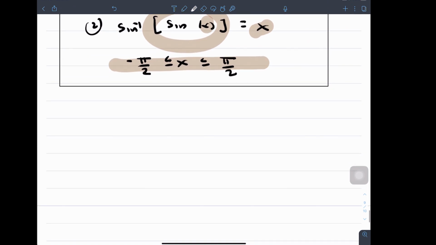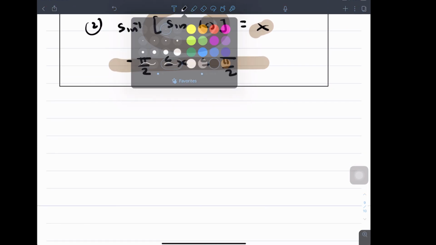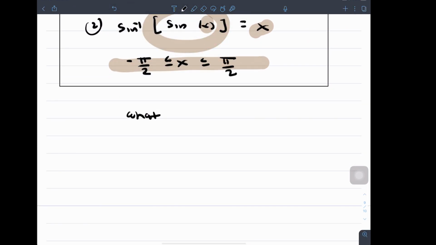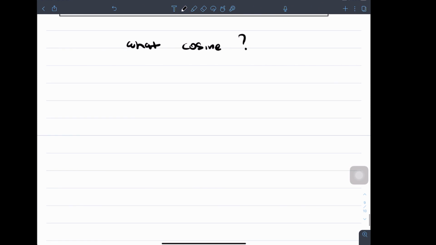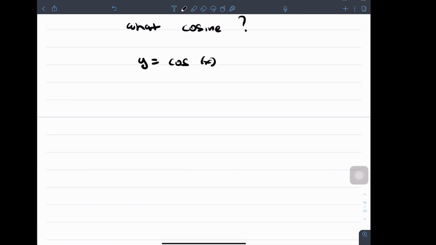All right, now I know we have a few minutes, but the question now is, what about cosine? And how do we handle cosine? Well, we handle cosine the same way. You now have the cosine curve, but you have to restrict the cosine's domain as well.